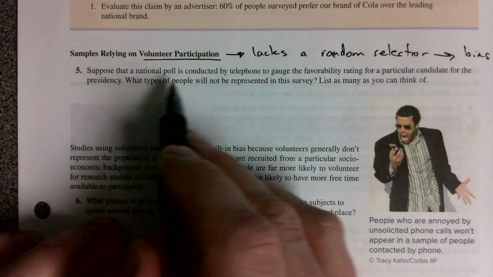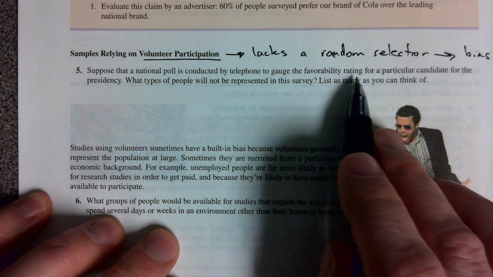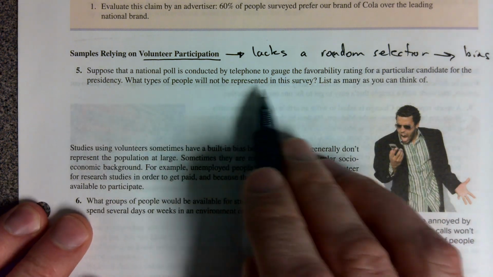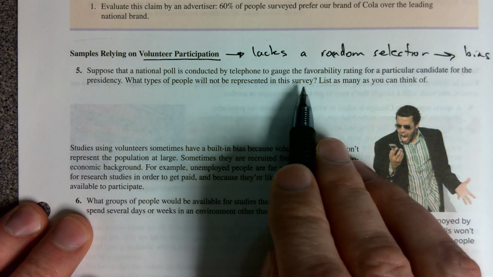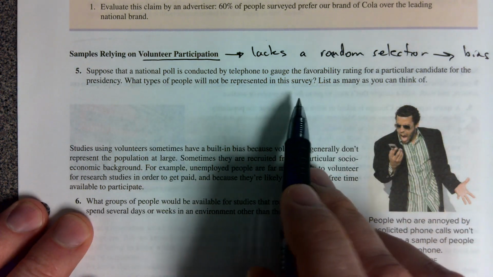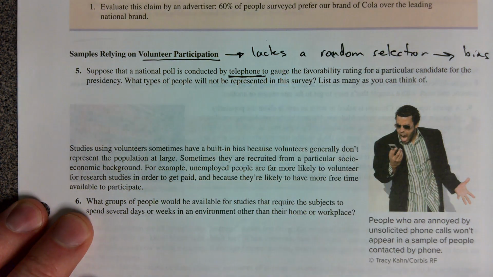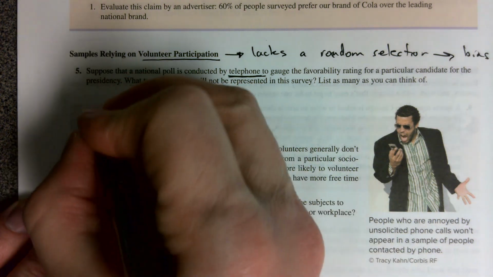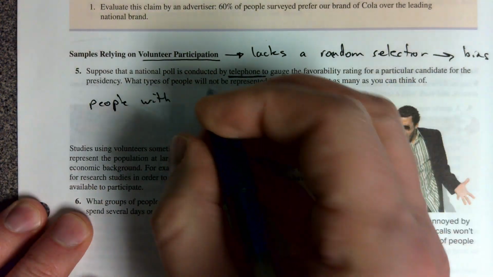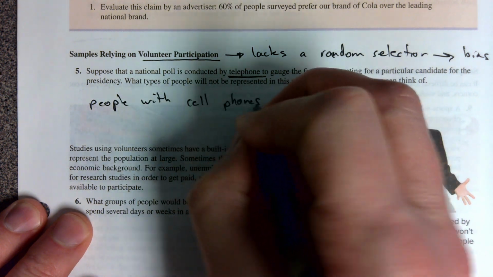So here we got a national poll conducted by telephone to gauge the favorability rating for a particular candidate for the presidency. What types of people might not be represented in this survey? Well, it depends on if we're talking about a telephone, people with cell phones. Now, maybe our author is referring to telephones as cell phones.